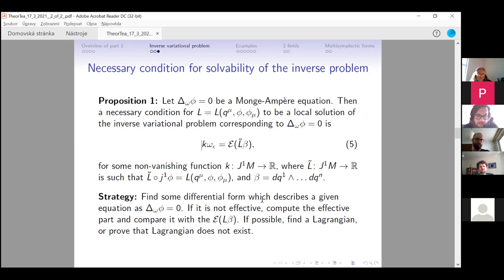Maybe it's also good to comment that when you represent your equations just as differential forms, and not just as a set of equations, you are basically dealing with the strong inverse problem, not the weak inverse problem, in which you could also multiply by a non-degenerate matrix. True that.